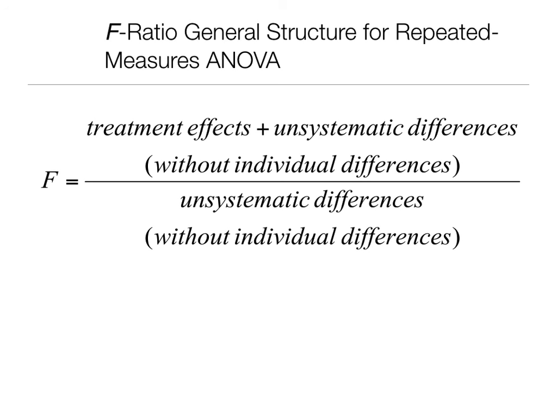And then the bottom, our denominator, is just those unsystematic differences. Again, it doesn't have individual differences. That's been removed. We statistically removed that. We quantified it with our sums of squares between subjects formula. We figured out how much variance was due to individual differences, and we pulled that out.